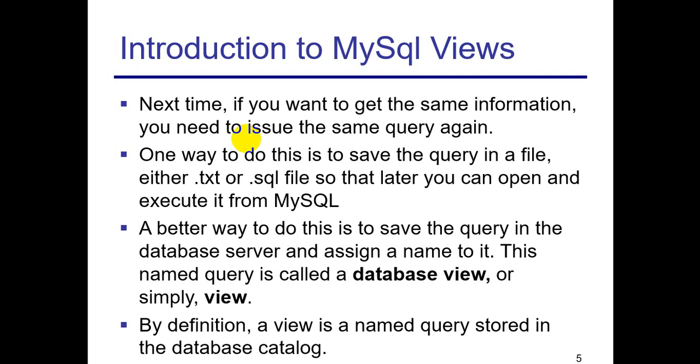This is one way to avoid writing the same query again and again. But there is a better way to do this, and that is using database views. Using database views, you can actually create the view.